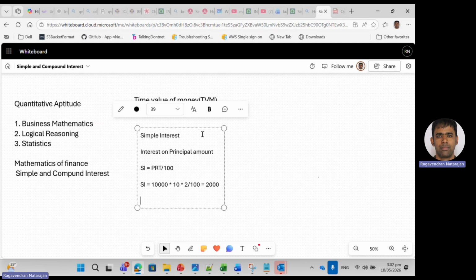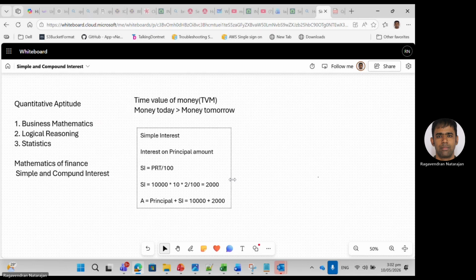Okay. Now let's understand the concept of amount. Amount A equals principal plus SI, simple interest. In this case, 10,000 plus 2,000, which is 12,000.